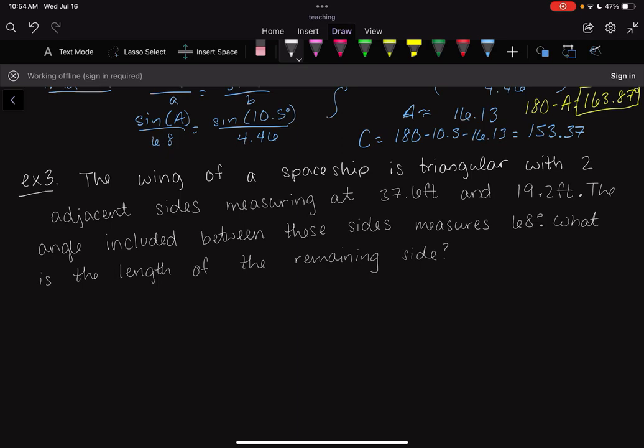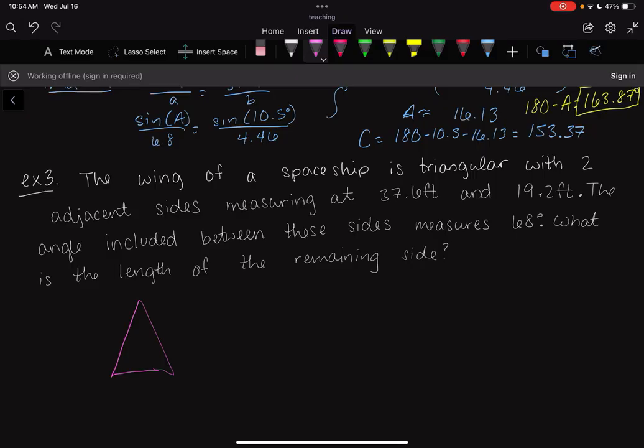I'm going to go ahead and get started and write out everything. All right, so wing of a spaceship. I'm literally just drawing a triangle because that's what it says it is. But it says two adjacent sides measuring at 37.6 and 19.2.